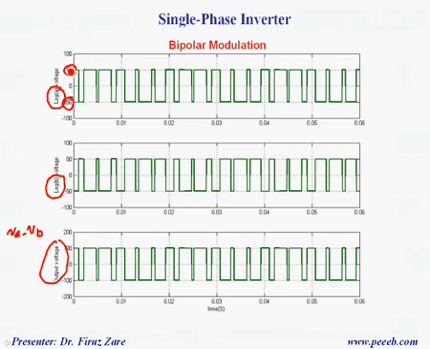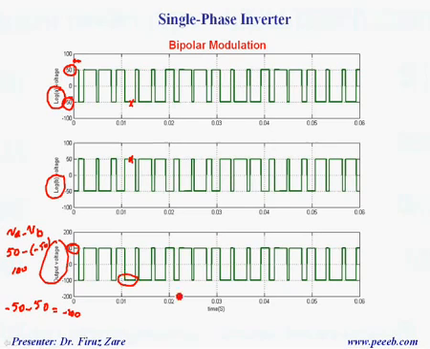For example, for this interval, the output voltage in leg A is 50 and leg B is minus 50, so this voltage is 100, which is given here. And for this interval, leg A is minus 50 and leg B is plus 50, so the output voltage is minus 100, which is given here.